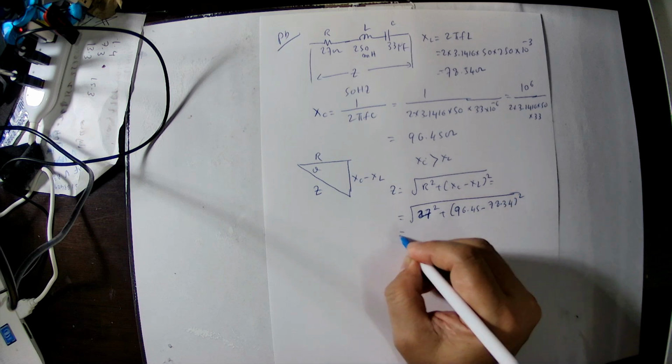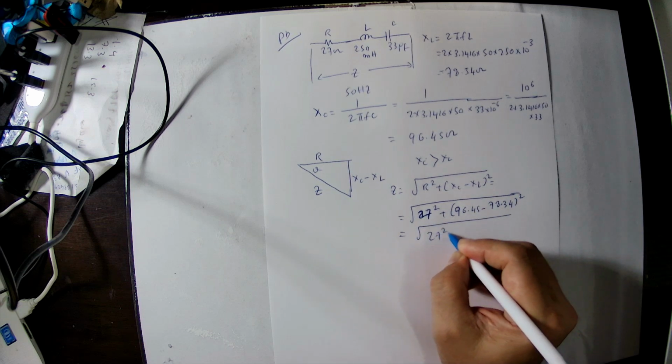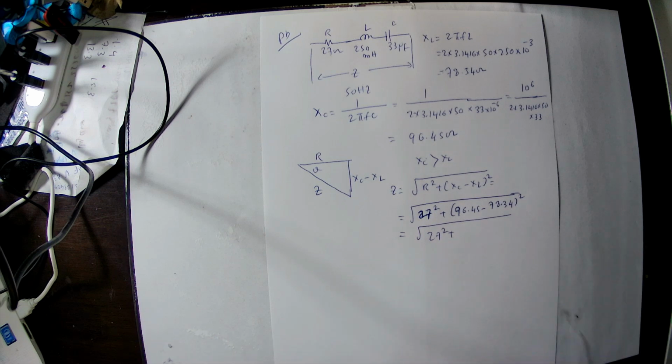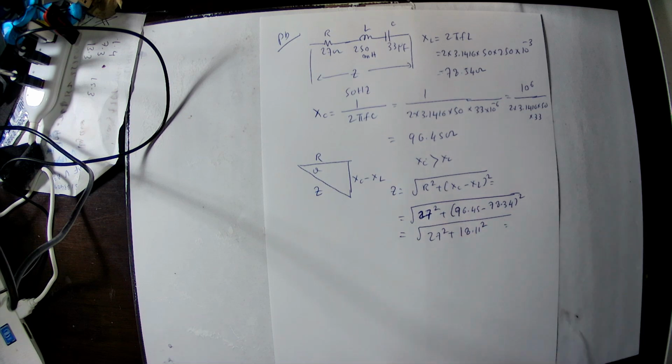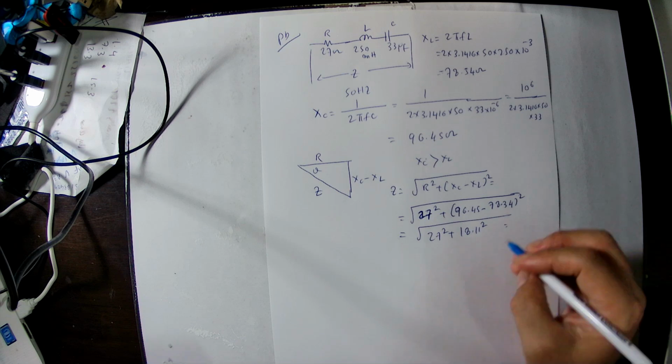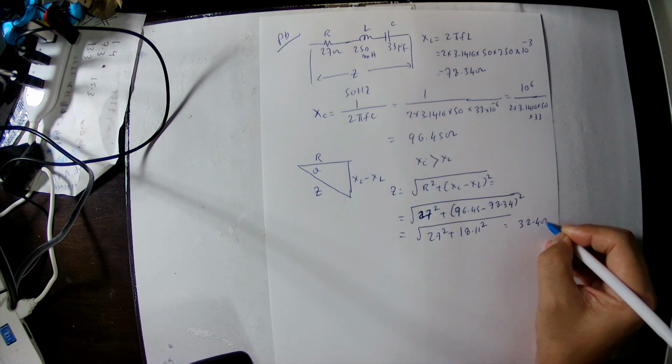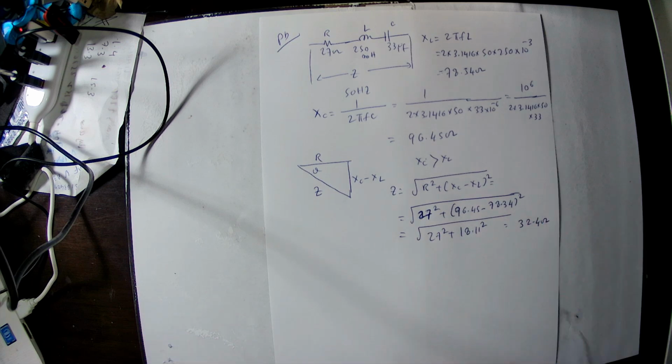So that will be square root of 27 squared plus 96.45 minus 78.54. 96.45 minus 78.54 is 18.11. So 27 squared plus 18.11 squared, and square root, so you get 32.40. This is the way we calculate the impedance for this circuit.